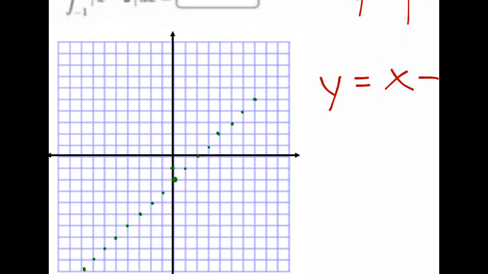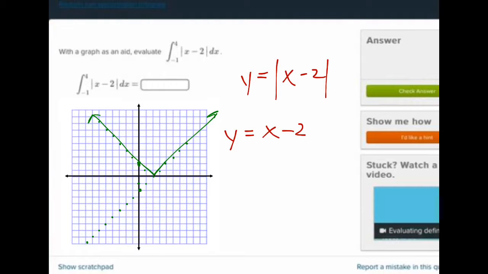So there's my graph. That's just y equals the absolute value of x shifted to the right 2. That's what that means.